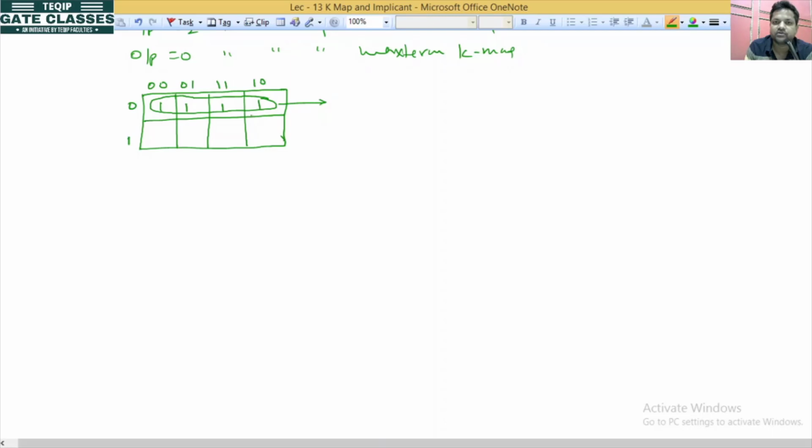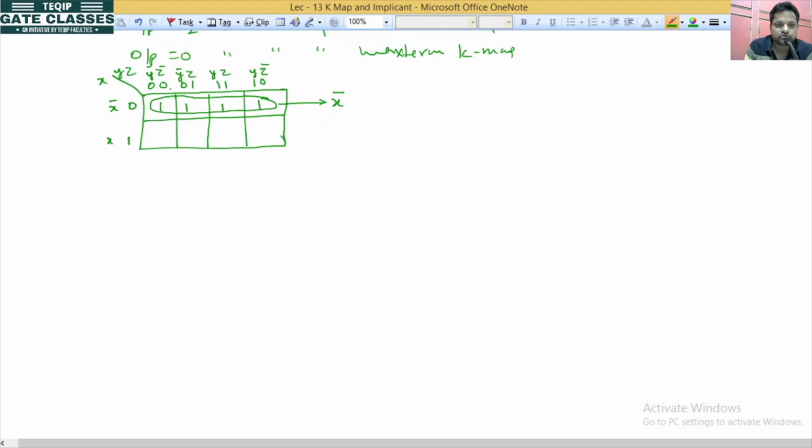So here we have a power of 2 because 4 cells we have grouped together. If we have x here, yz here, so it will be x bar, this is x, this will be y bar z bar, y bar z, yz, yz bar. Now for this group, from row wise, what is common in all the cells? x bar is common.